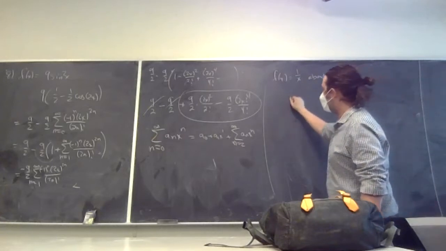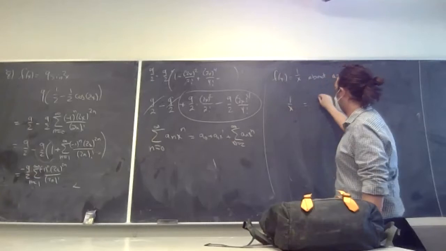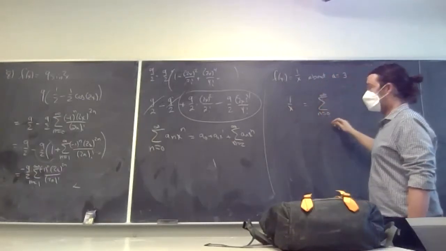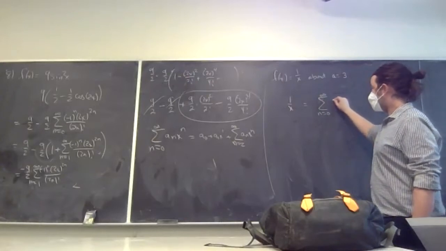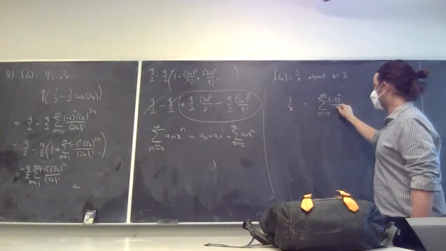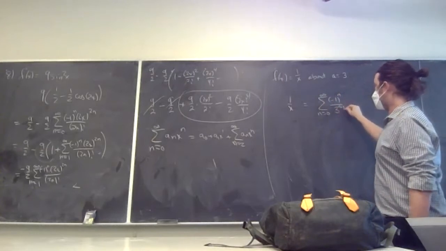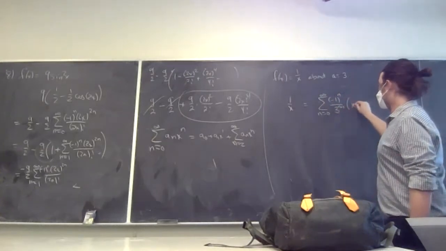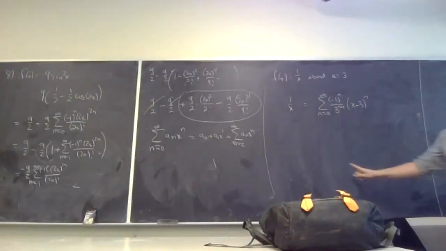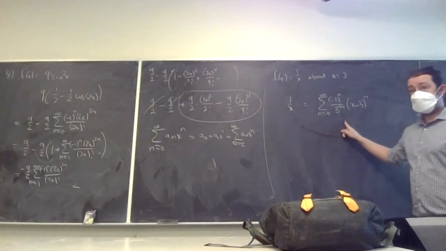So you got that 1 over x is equal to what series? The sum from n equals 0 to infinity of negative 1 to the n over 3 to the n plus 1, times x minus 3 to the n. Perfect. So you have that this function is equal to this series.